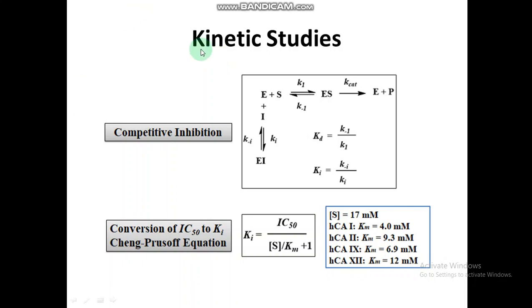studies. For kinetic studies, we know that these are competitive inhibitors. To convert the IC50 value to Ki, we use the Cheng-Prusoff equation, which is this equation here. I also have a video on how we can convert IC50 to Ki value by using the Cheng-Prusoff equation.